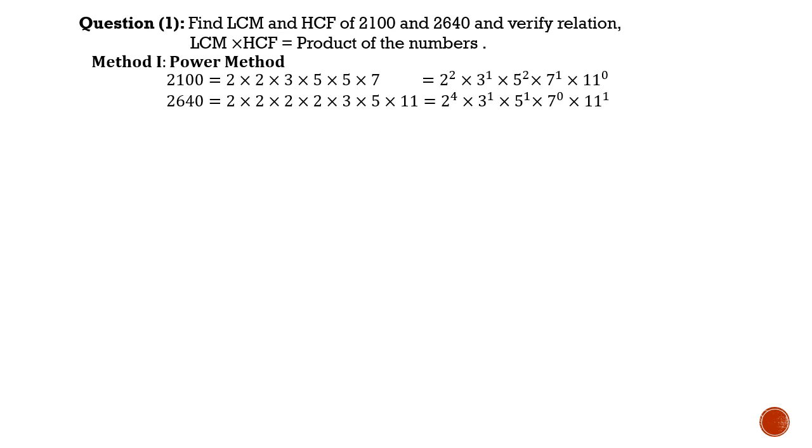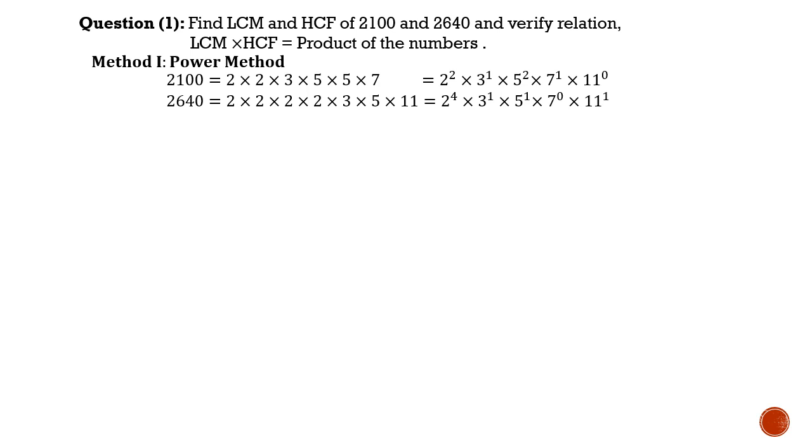See, 2100 can be written in power form as 2 raised to 2 into 3 raised to 1 into 5 squared into 7 raised to 1, because 7 has appeared once, and 11 is not present. That's why 11 raised to 0, meaning 11 has appeared 0 times. Why are we taking 11 here? Because 11 is present in the prime factorization of the other number.